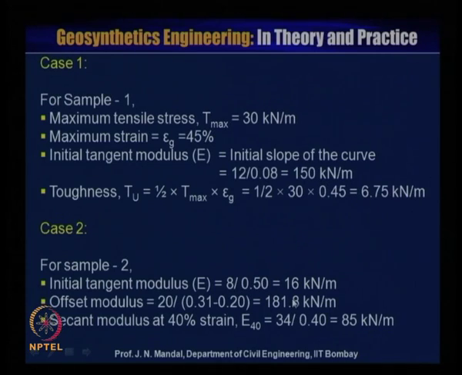So for sample 2 or case 2, we calculated the initial tangent modulus, how to calculate the offset modulus, and also showed how to calculate the secant modulus at 40% strain. So at any strain you can calculate the secant modulus.